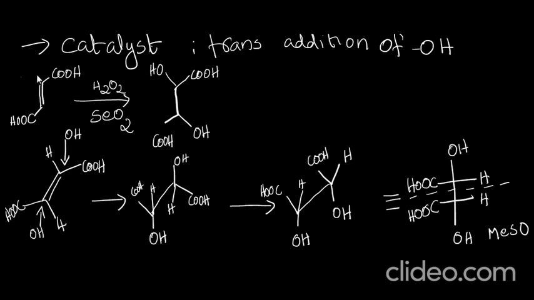So, this is the structure of fumaric acid. When it undergoes hydroxylation in the presence of selenium dioxide, we get a diol, which is a meso compound that is optically inactive.